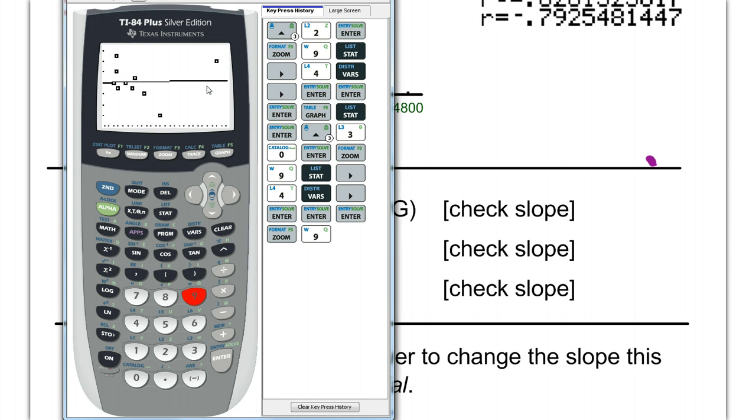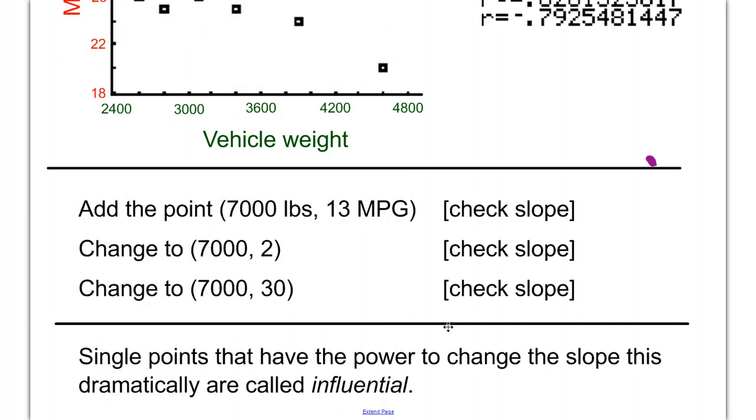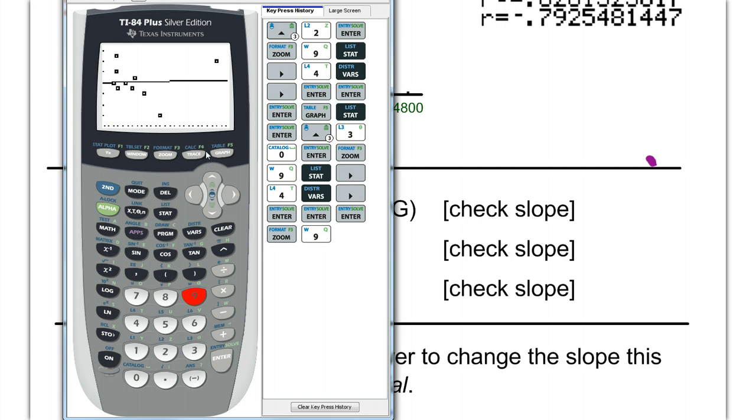When that influential point happens to not fit the rest of the data's pattern, we would also call it an outlier. Any data point that doesn't fit the pattern would be considered an outlier. There's a difference between influential points and outliers. Influential points could include that first point or that second point that made the data fit very well.